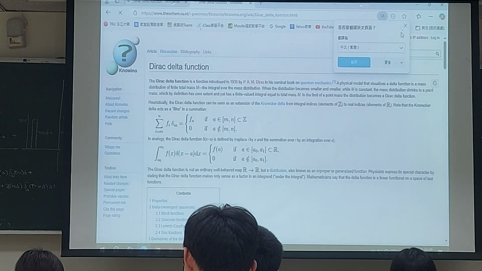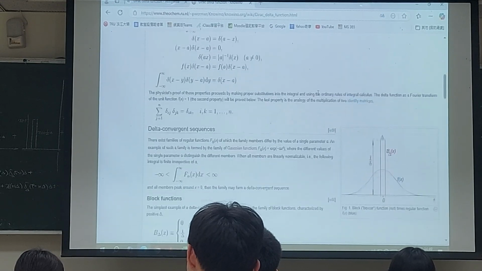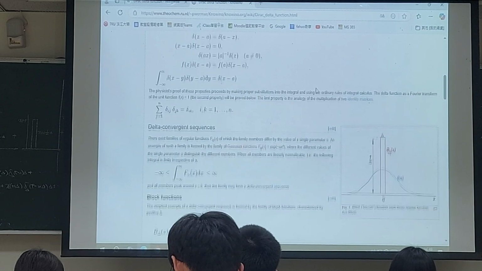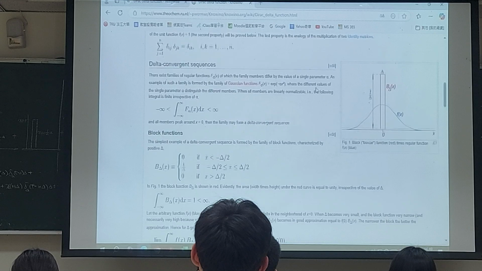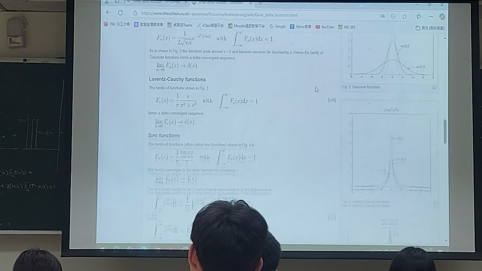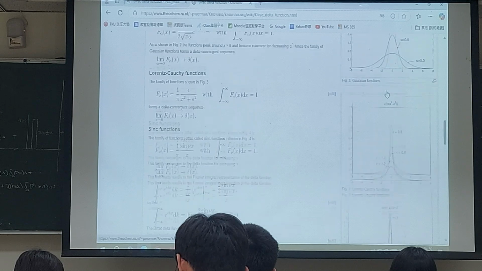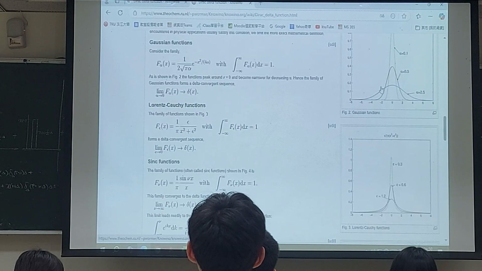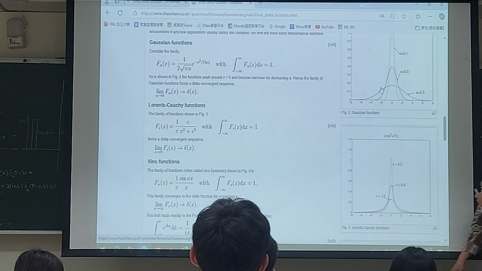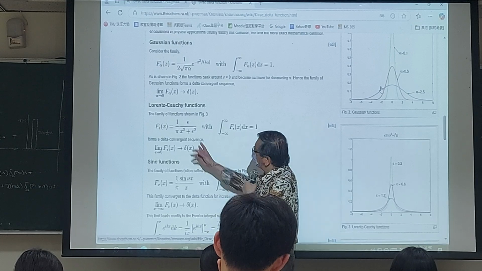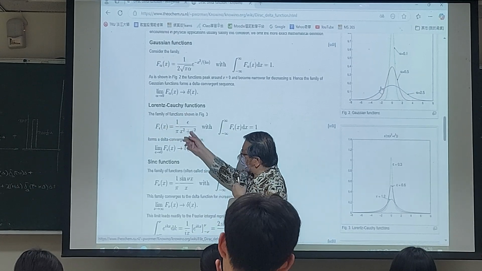Here we go. This is one of the shapes. Okay, the Gaussian distribution. Another one uses a function called the Lorentz Cauchy function.